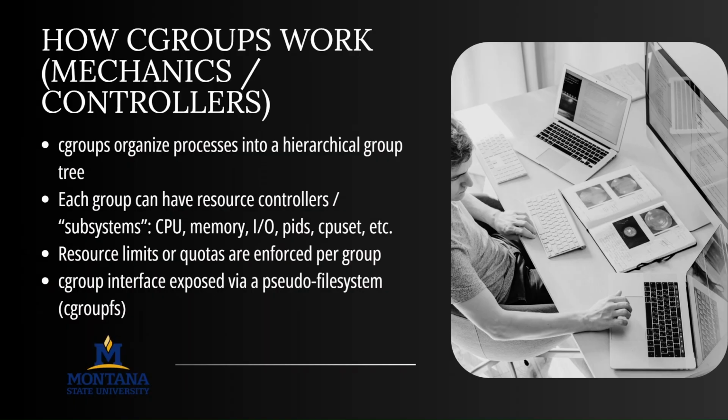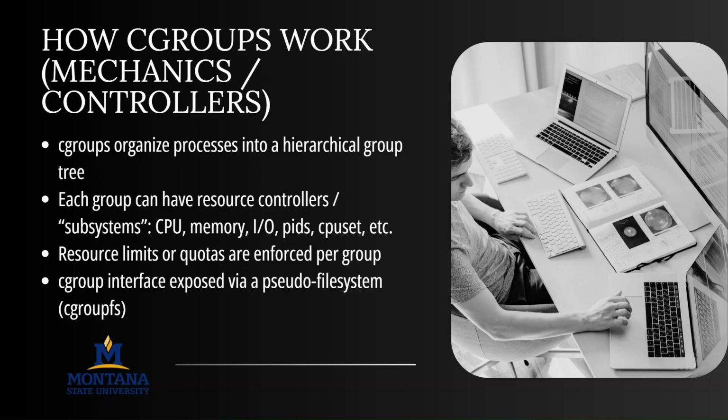Under the hood, cgroups organize processes into hierarchical groups. Each group can have various controllers attached, such as the CPU controller, memory controller, input-output controller, and more. These controllers enforce limits, quotas, or priorities for the resources they govern.